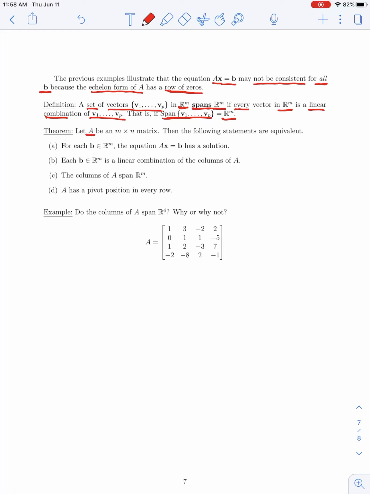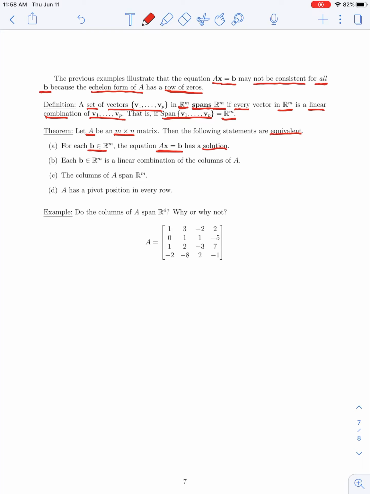So let's say that we have a matrix A, which is an m by n matrix. Then the following 4 statements are all equivalent. So any 2 of these 4 statements are equivalent to each other. In part A, for every vector b in Rm, the matrix equation Ax equals b has a solution.